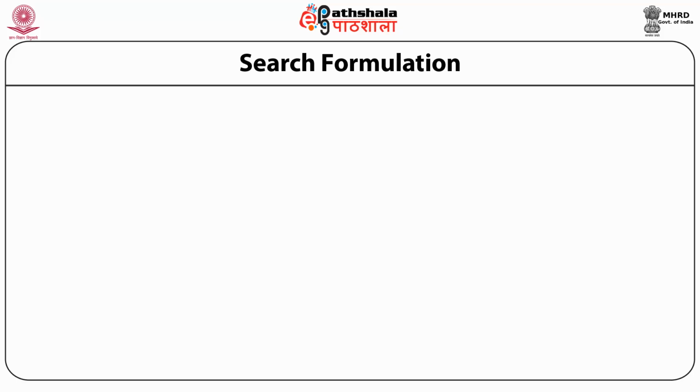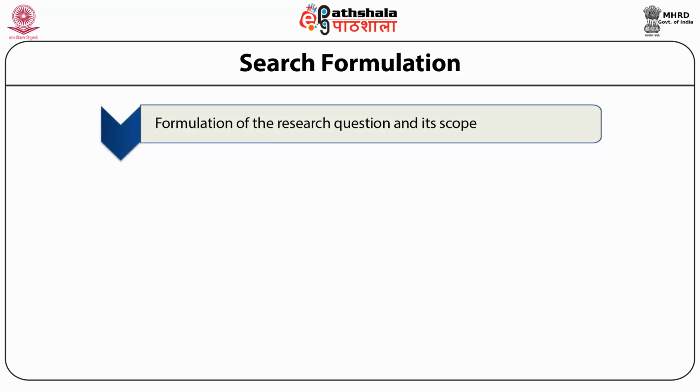Regardless of the search tool being used, the development of an effective search strategy is essential if one wants to obtain satisfactory results. A simplified generic search strategy may consist of the following steps. 1. Formulation of the research question and its scope.